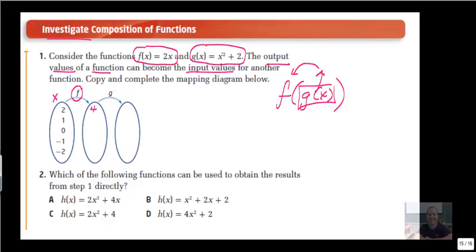So if this is now 4, and I put it into the g machine here, 4 squared is 16 plus 2 is 18. Right? So I put 2 into f, kicked out 4. I put 4 into g, and it kicked out 18. That is this right here. Put x into g, then put the g of x into the f of x.